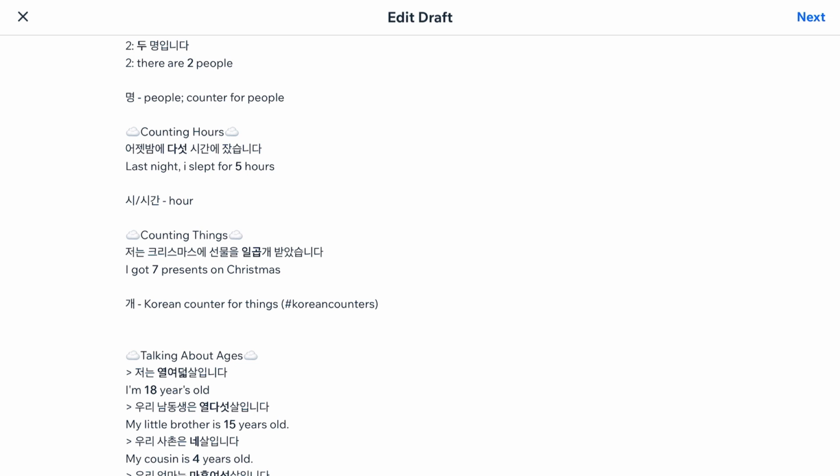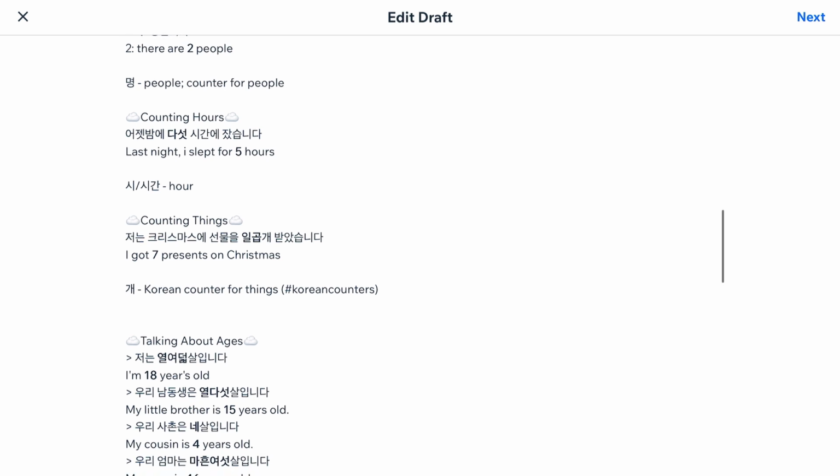So 시간 is hour. 시, if you translate it, also means hour, but it's only used for when you're saying a time, like 5 o'clock. If I was going to say I slept at 5 o'clock, then I'd say 5시에 잤습니다.